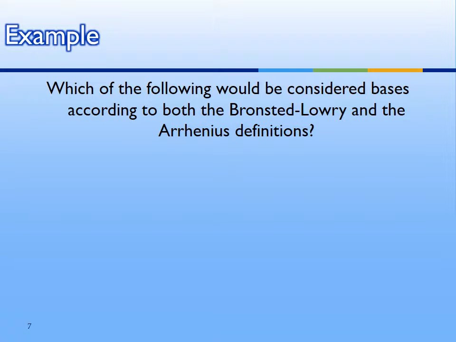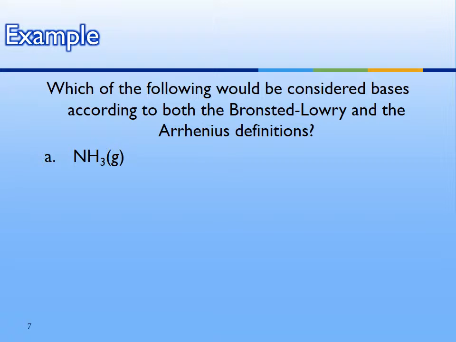Okay, let's see what we have learned. Which of the following will be considered bases according to both the Bronsted-Lowry and the Arrhenius definitions? What about ammonia? Well, we already talked about this. Ammonia does not contain a hydroxide ion, so it cannot be an Arrhenius base.